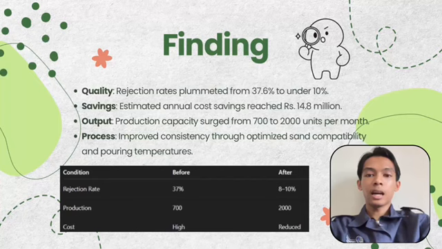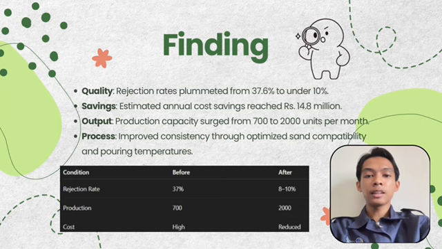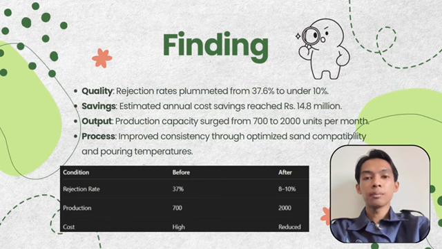Okay, now I will explain the findings of this study. The results show significant improvements after applying the Six Sigma method, which is DMAIC: define, measure, analyze, improve, and control. The main results show that the rejection rate reduced from 37.6% to below 10%.